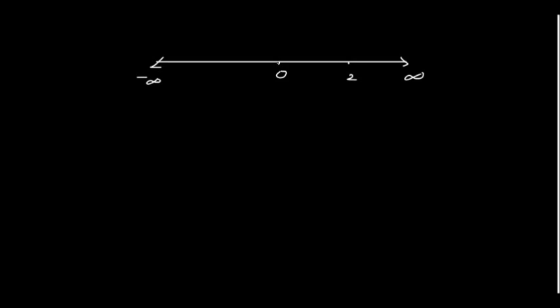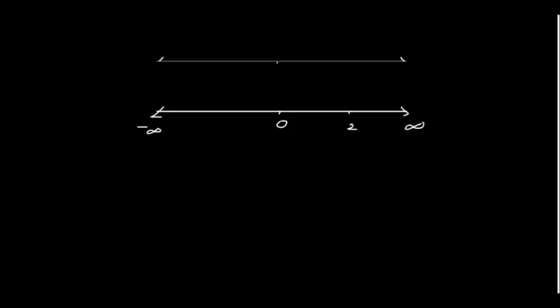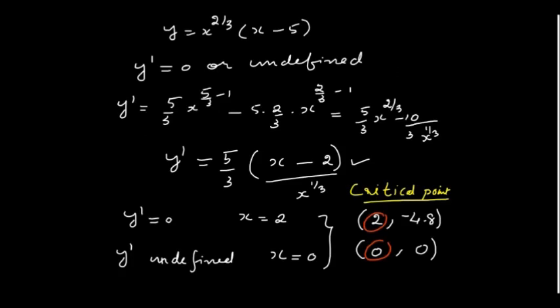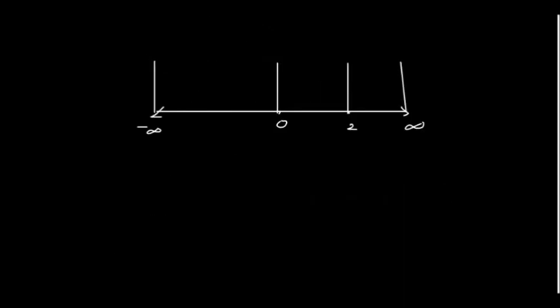I'll show you how to do this. So let's draw a line here, a line here, then a line here, and a line here. I'm going to write my y dash here now. In my y dash I have two terms, one is x minus 2, the other one is x raised to 1 by 3.